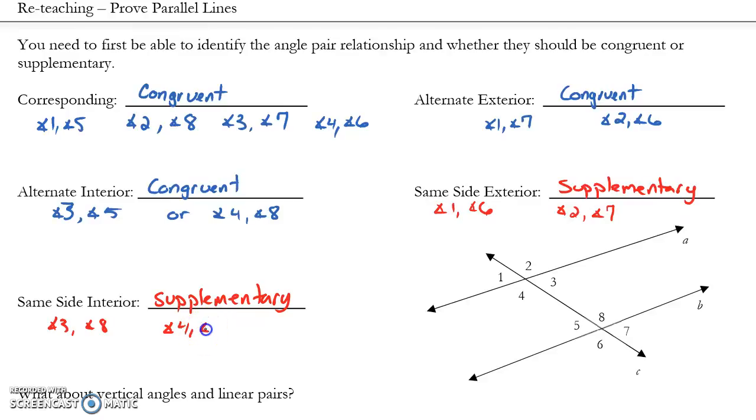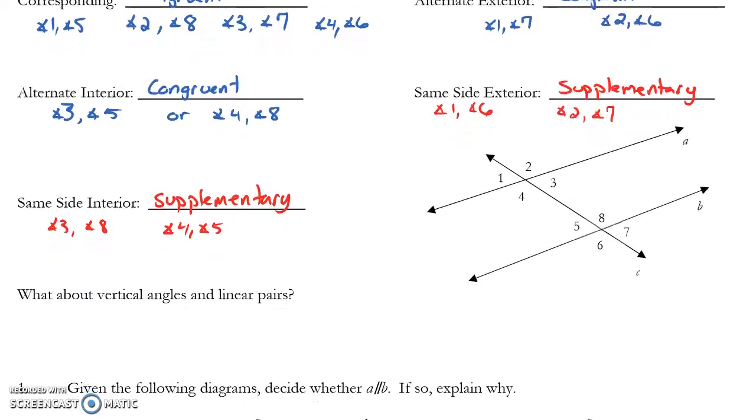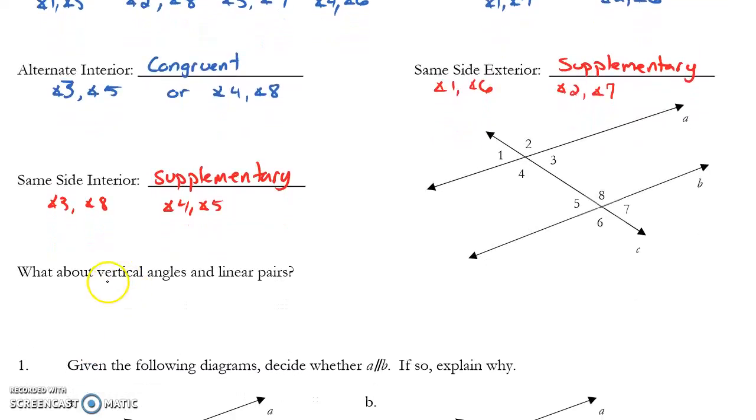Now, that begs the question, what about vertical angles and linear pairs? And it's true, vertical angles are congruent, linear pairs are supplementary. But that does not prove lines are parallel.